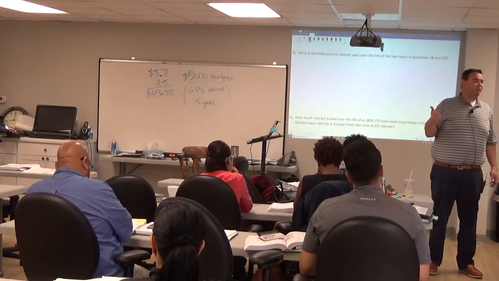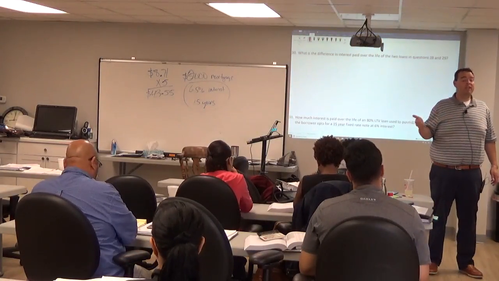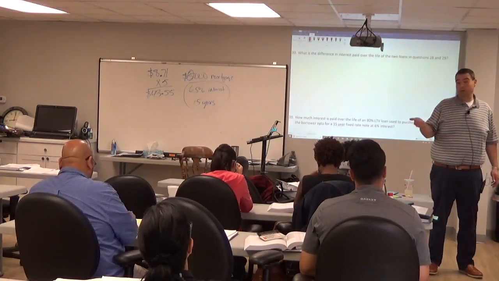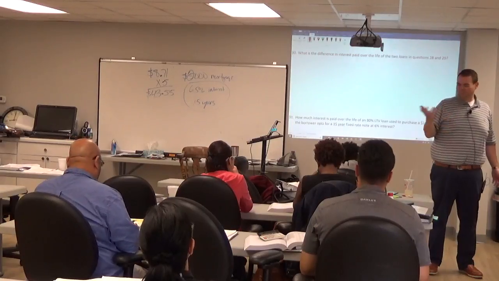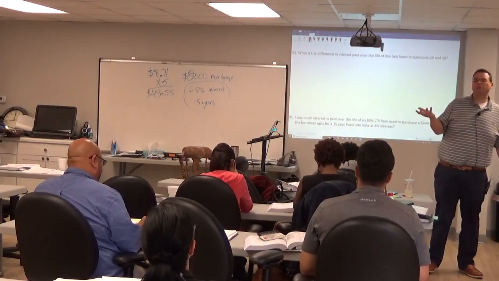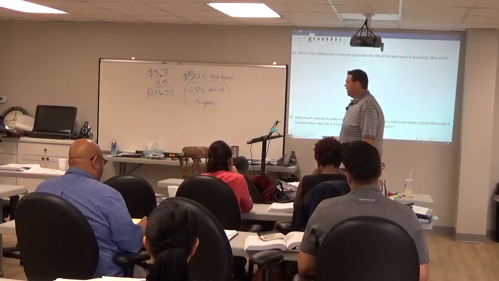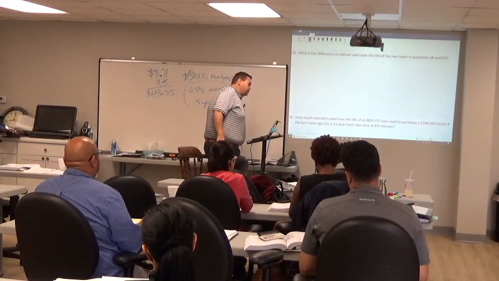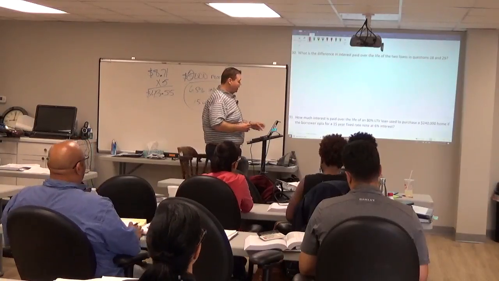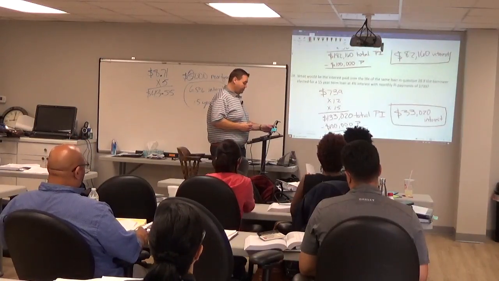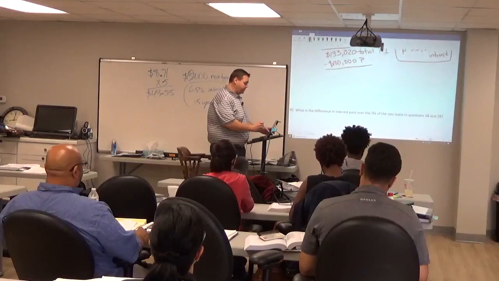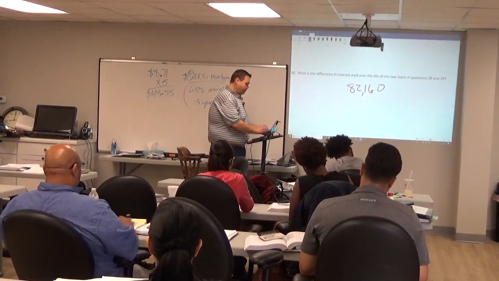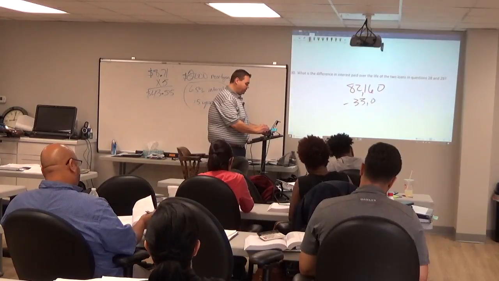This question wants to know, basically, how much interest I save by going the 15-year rate or note versus the 30-year note. Does that make sense for you? So what are you going to do here? You're just going to subtract the two. You're just going to take the interest you pay on the 30-year, subtract the interest you pay on the 15-year, and that difference is your answer, 82,160 minus 33,020.